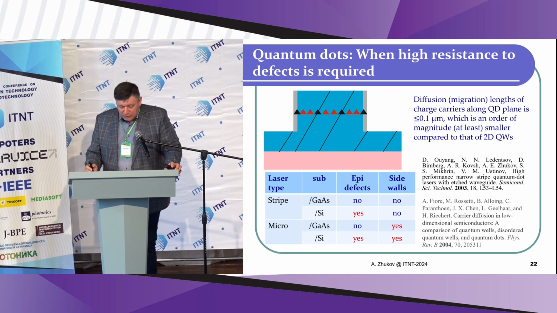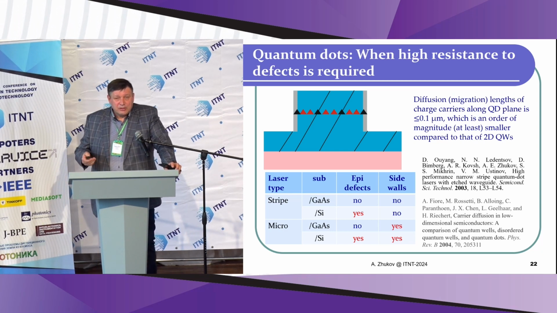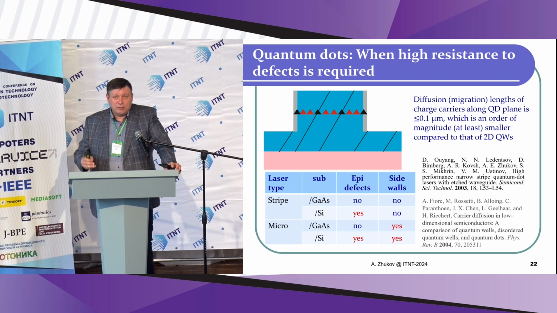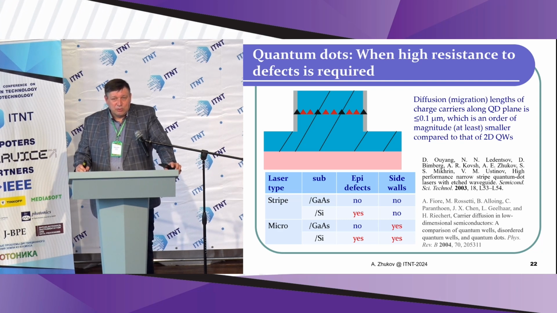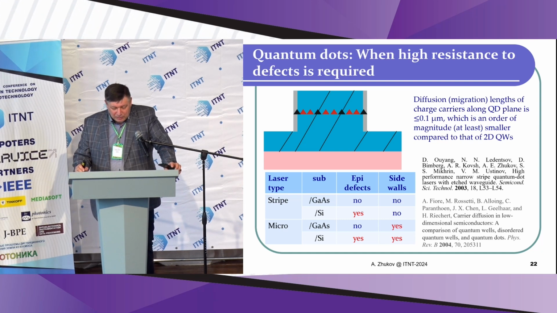But if, as I said, the structure is grown on silicon, lots of epitaxial defects appear, and quantum dots, because of their insensitivity to defects, provide suitable material quality for Fabry-Perot lasers on silicon.